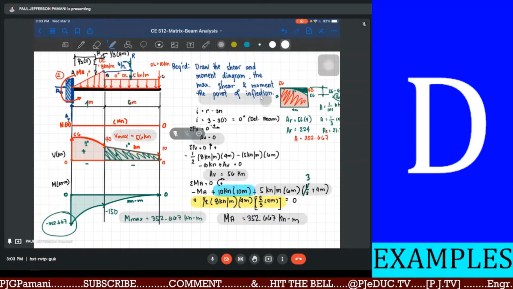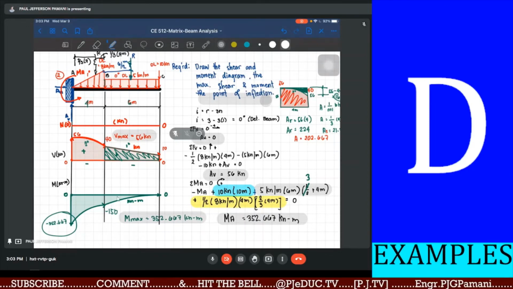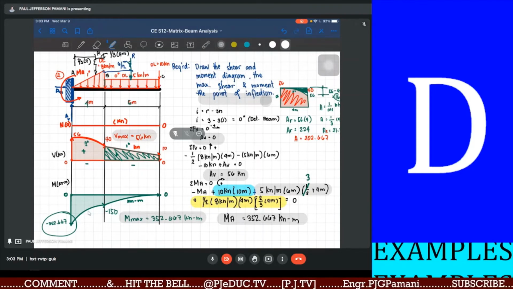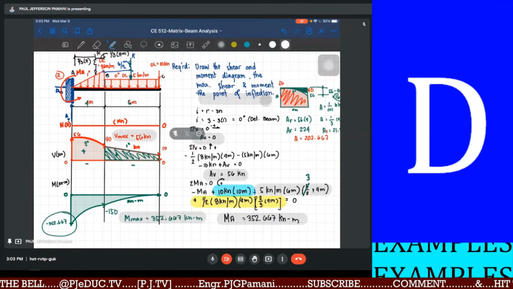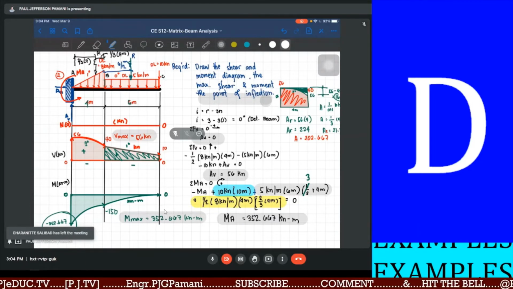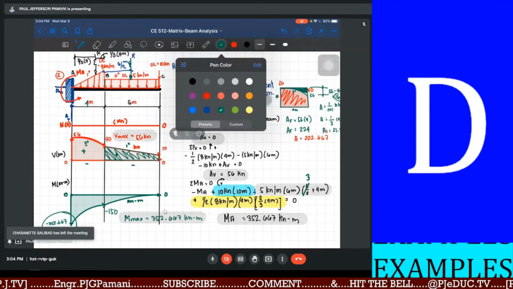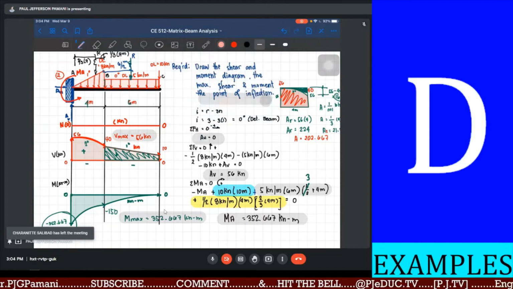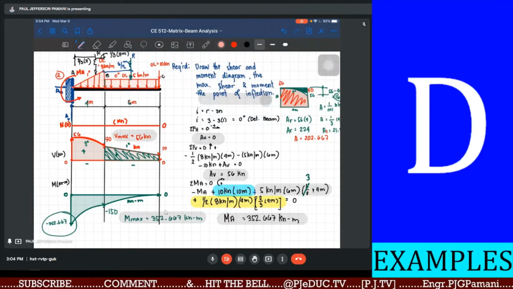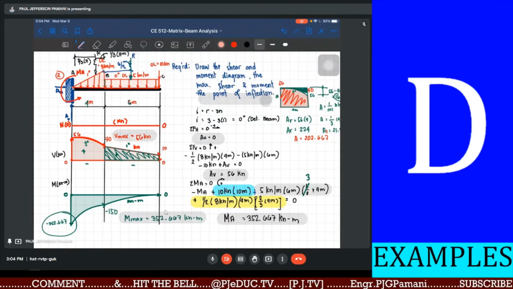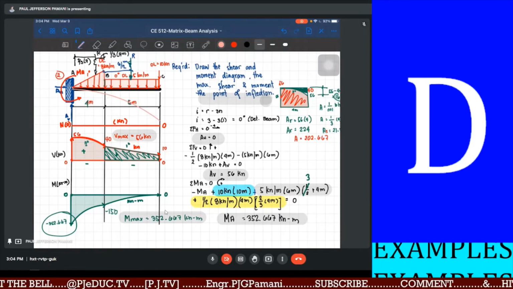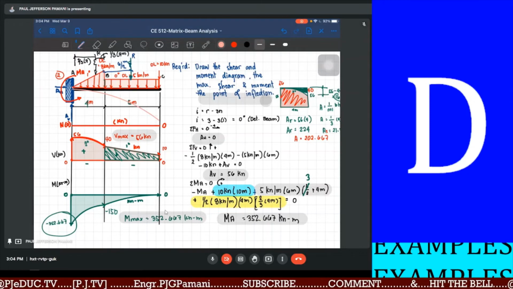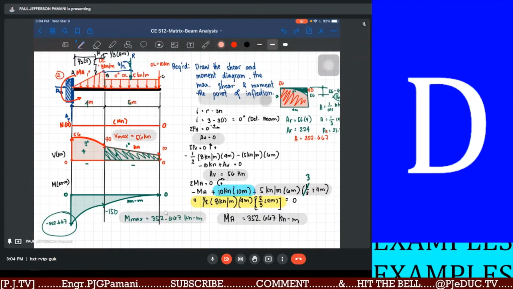So, the point of inflection, walang point of inflection dito dahil walang moment equal to 0 along the span of the beam. But, given that it is now a cantilever beam, most of the deflection of our beam will now be located at the free end of our cantilever beam.